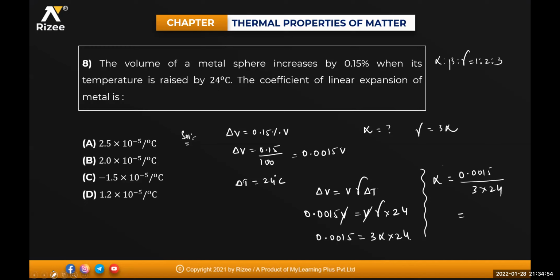This is coming out for me 0.000625 divided by 3. So this can be taken as of your 6.25 into 10 to the power of how much beta? -5 divided by 3.